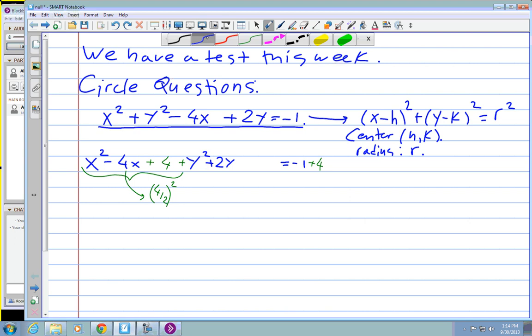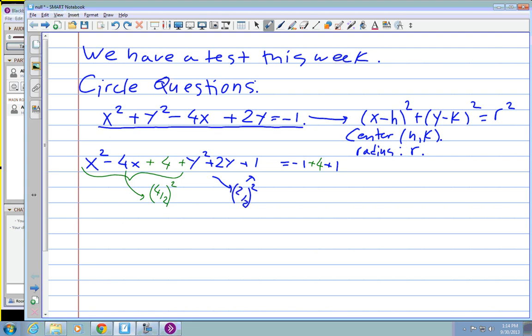So you got 4, because you have an equation. Remember when we did functions, you had to keep it all on one side, so if you add 4, you subtract 4. But here we have a balance. Now, how do I complete the square on the y's? So plus 1, right? We take 2, we half it, and we square it. So we're adding 1 to both sides, right?